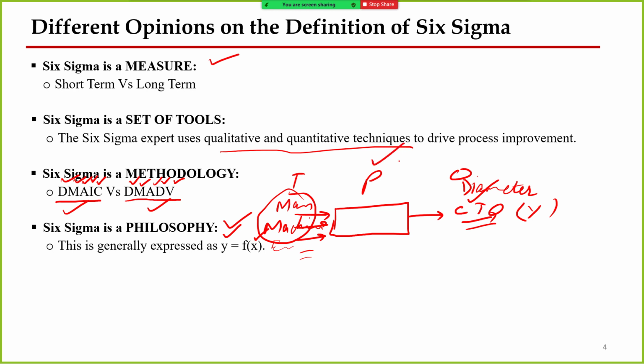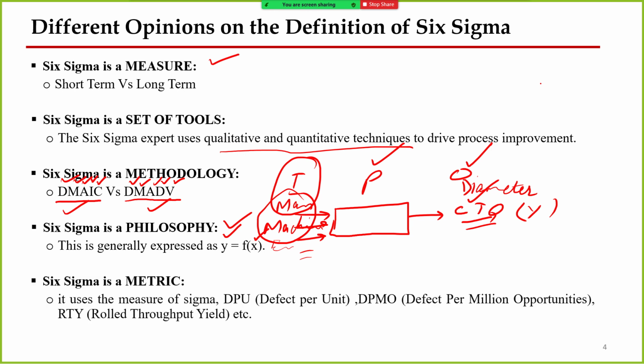Whatever process you want to improve, identify the critical to quality which you want to meet according to the specification limit, and what are the causes behind that particular process that keep us from meeting the specification. And what are the causes that are basically causing a lot of variation against that critical to quality.